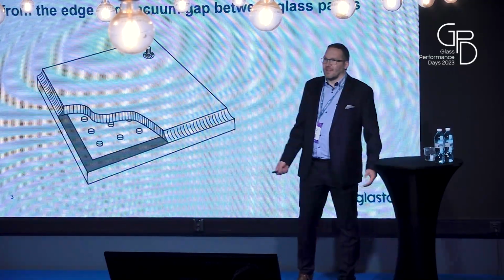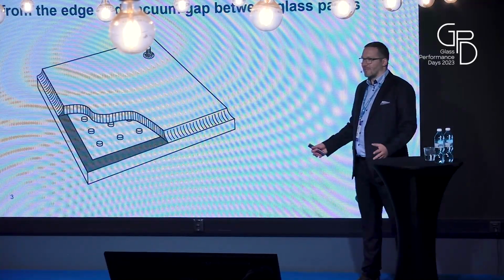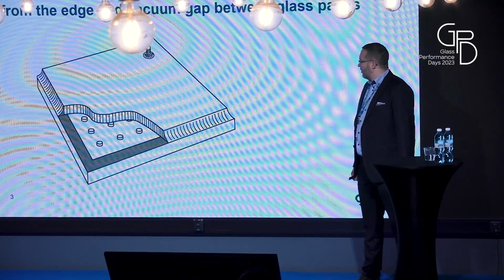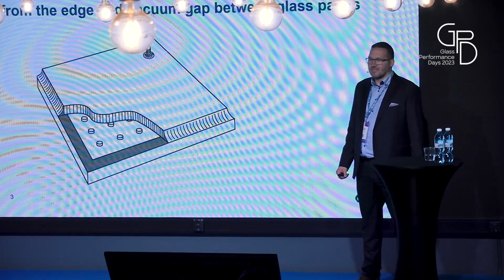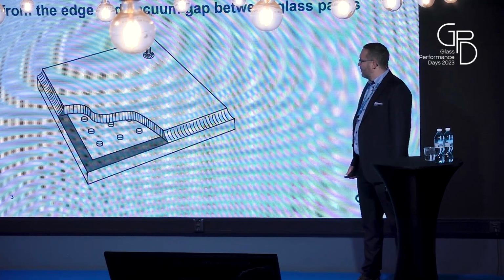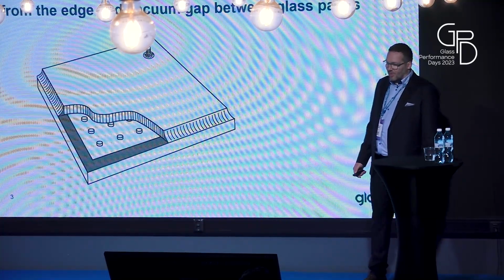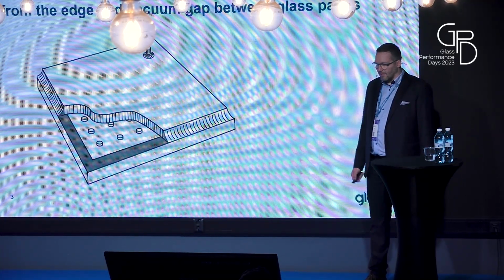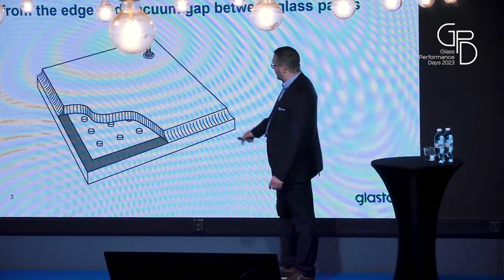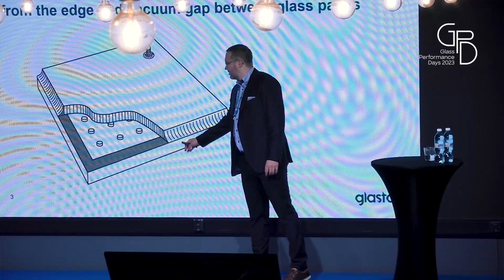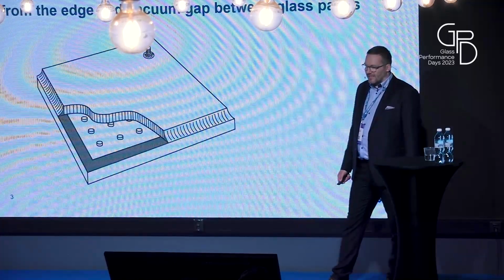So the idea is the same as in IGUs, to put two glasses and a gap between and increase the U value. In this case, in this gap there is no air, there is just the vacuum, so as to increase the insulation properties of that glass. But there are some problems which come when these glass panes are at different temperatures. Glasses start to bend, and that causes stresses in the glass.